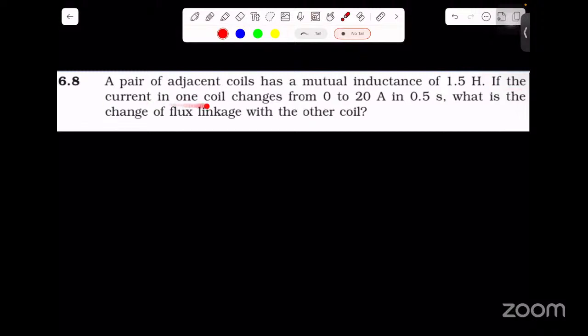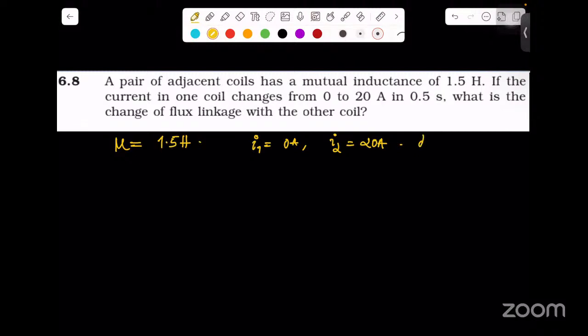And if the current in one coil changes from 0 to 20 amperes in 0.5 seconds, what is the change of flux linkage with the other coil? Okay. So we have been given the mutual inductance is 1.5 Henries. And in one coil, the initial current is 0 ampere, the final current is 20 amperes, within the time interval of 0.5 seconds. So the change in current is I2 minus I1, which is 20 amperes.